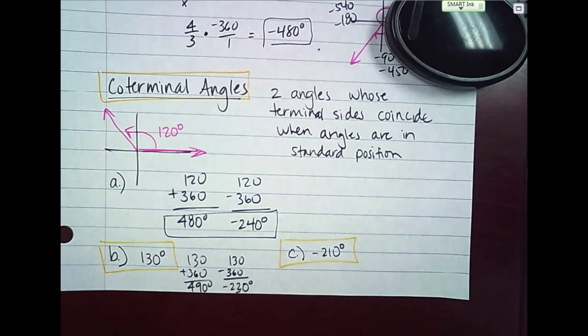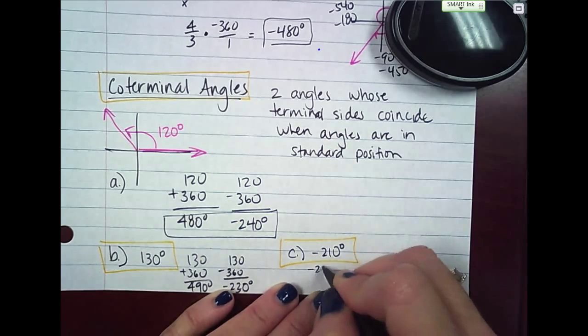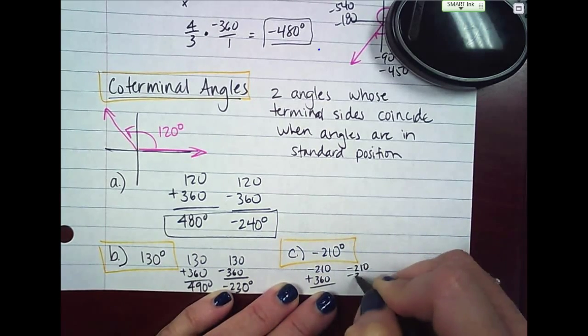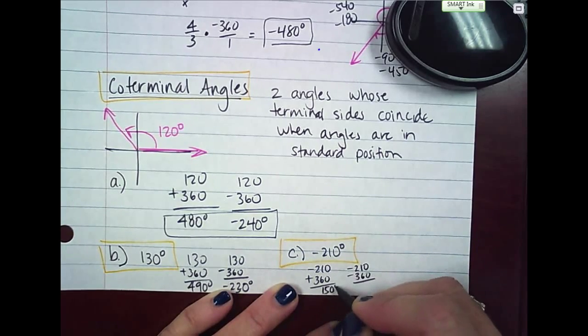See what happens. Coterminal angles are just another way to name the same spot. So negative 210 plus 360, and negative 210 minus 360. I got 150 and negative 570. Is that what you got?